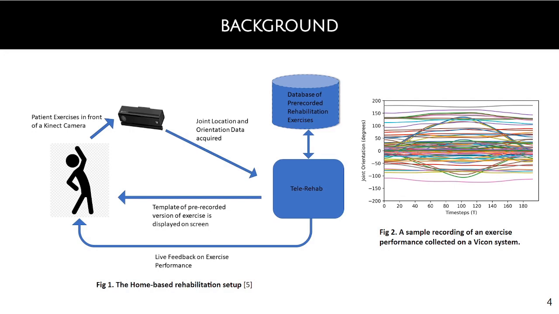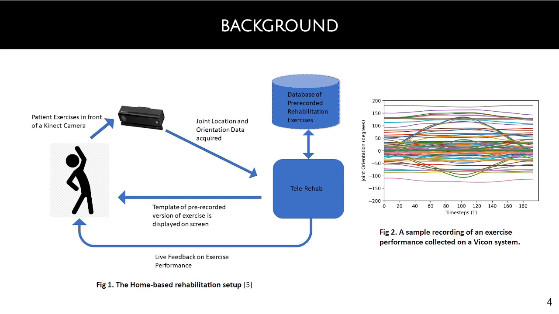Figure 1 shows the flowchart of a typical at-home rehabilitation system. The patient performs an exercise from their prescribed set. Their motion is recorded by a mocap device such as Kinect or Vicon. These devices usually track a few important key points of the human body and provide joint orientation and position data at each frame.